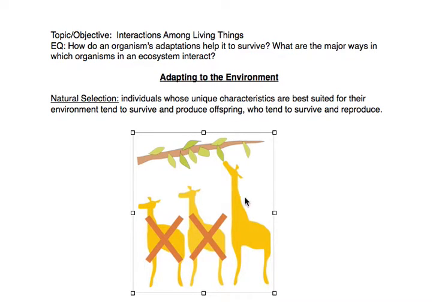But this one over here is really tall, and he can reach those leaves. So out of these three, this one is more likely to survive and then reproduce and have offspring that also survive. He's passing his long neck trait to his offspring, and that's how natural selection evolves. Over time, giraffes end up having longer necks because those with longer necks can reach the higher leaves and live and reproduce.